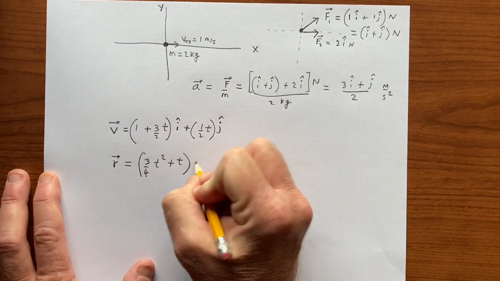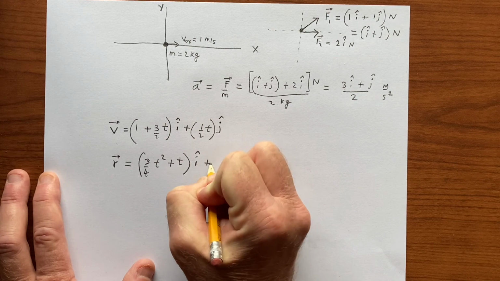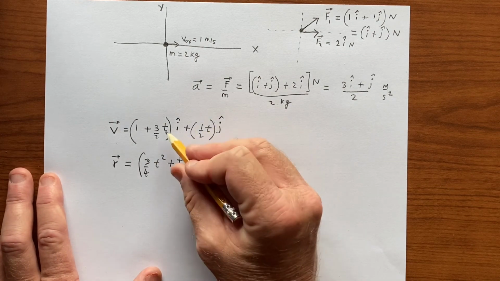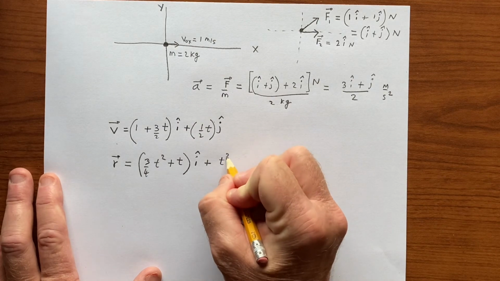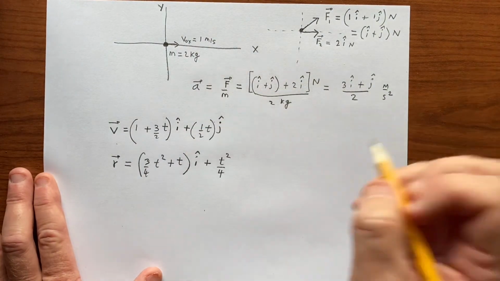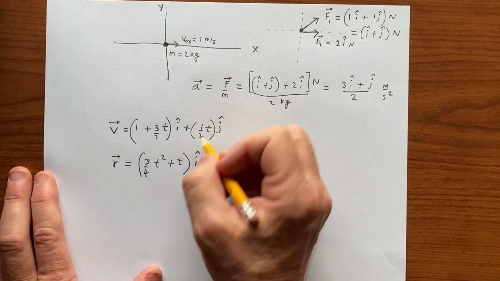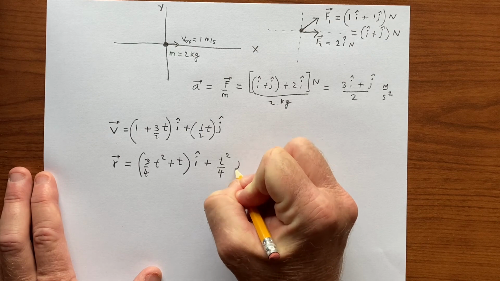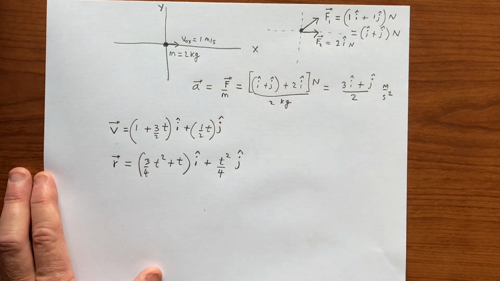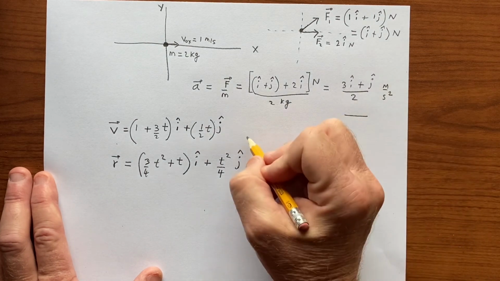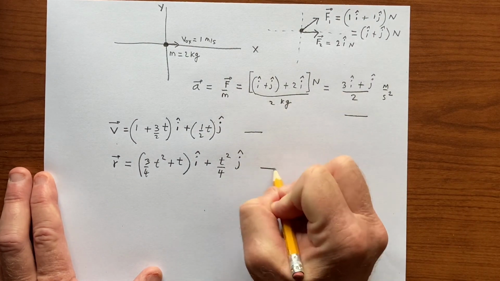So I have I hat plus, here I have t squared over 2, just like I do there, and so I have t squared over 4 plus v naught y t, which is 0 because v naught y is 0, and then plus y naught is 0, so that's all I have, and I'll leave it like that. So there are my acceleration, velocity, and position vectors.